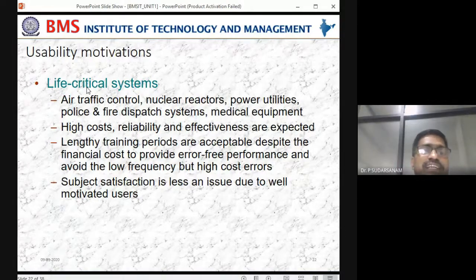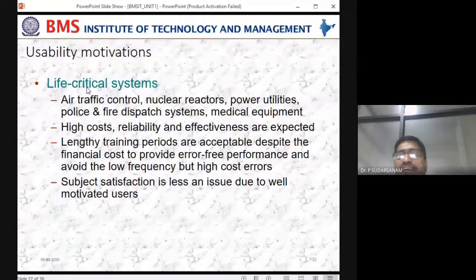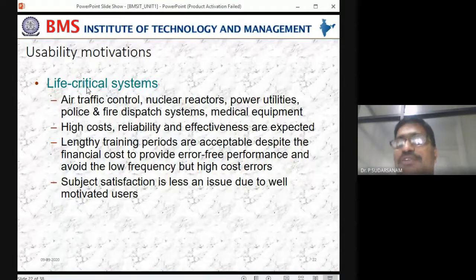So the first one, let us see what they have given: air traffic control, nuclear reactors, power utilities, police and fire dispatch systems, medical equipment. All these things are critical equipment. For medical equipment, the best example you can say is the COVID pandemic. How the scientists were struggling with the medicines.